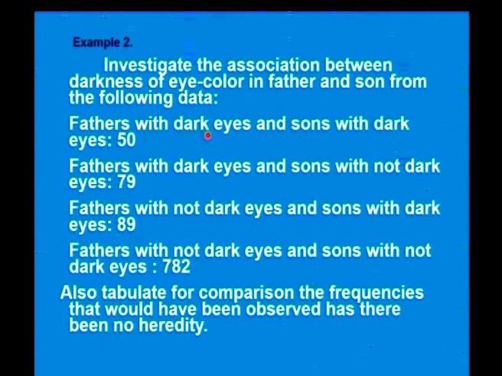Fathers with dark eyes and sons with dark eyes. A represents fathers with dark eyes and B represents sons with dark eyes. Therefore, according to the complementary event, you have to define alpha and beta.